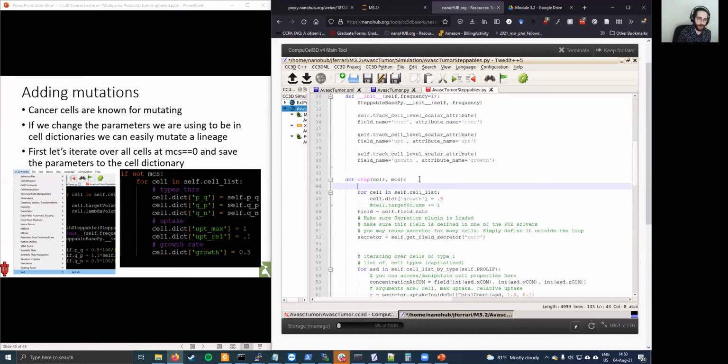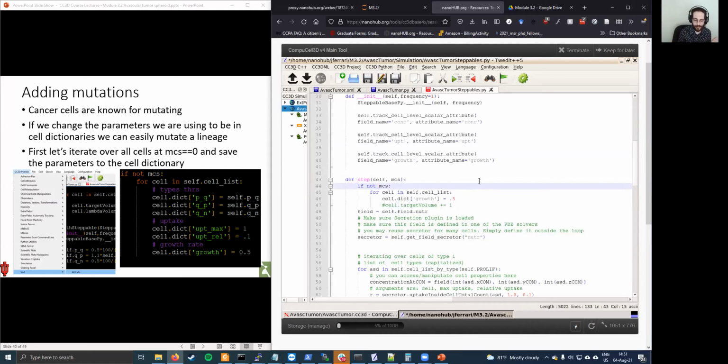So I have two options for MCS 0. I could either say if MCS equals 0 and put this loop inside of the if, or I could remember that 0 is equivalent to false in Python and say if not MCS. Either works.